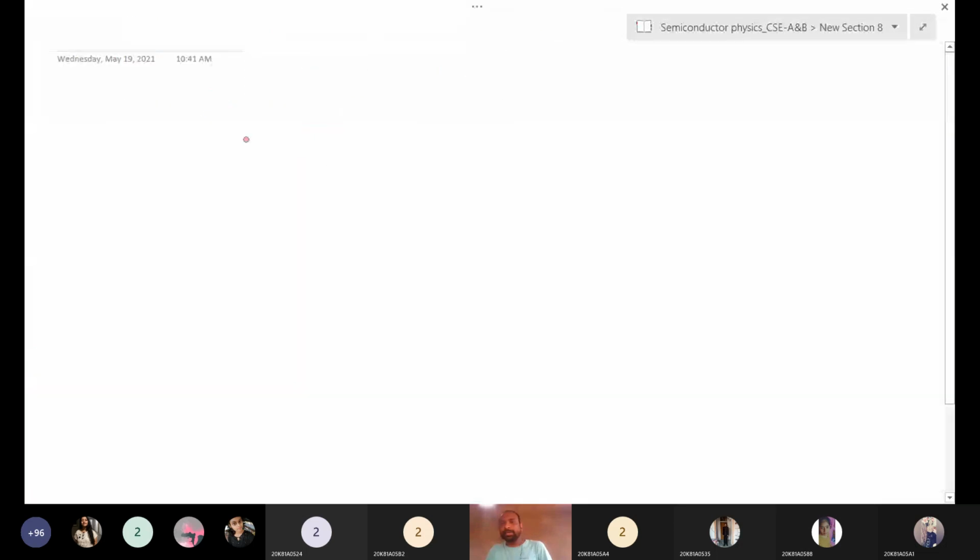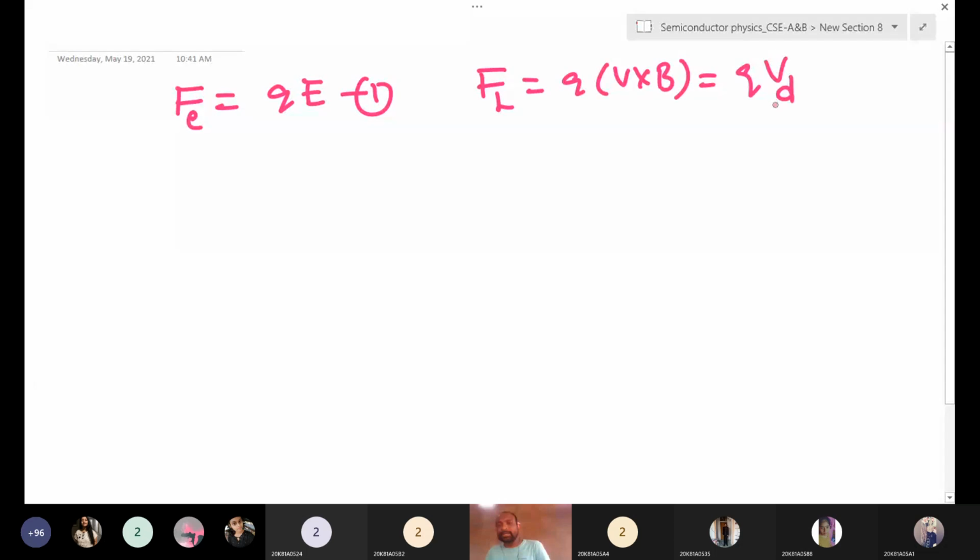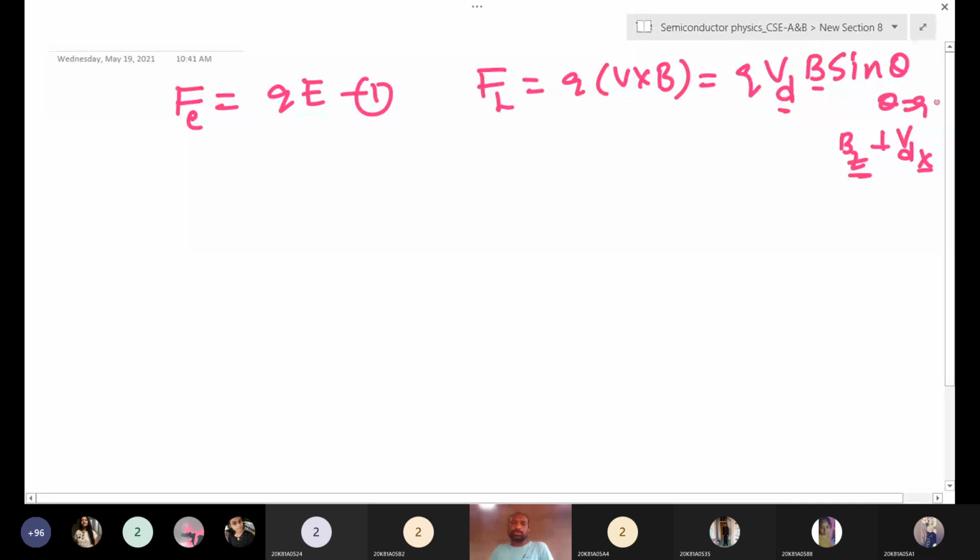The magnetic field is along the z direction and the drift velocity is along the x direction. So x and z are always perpendicular, so theta is always 90 here. So the Lorentz force is equal to QVD into B. Equate these 1 and 2 expressions at equilibrium condition. These two forces are equal.